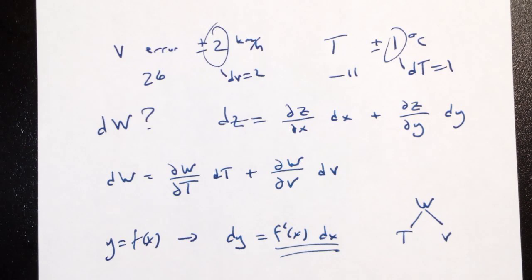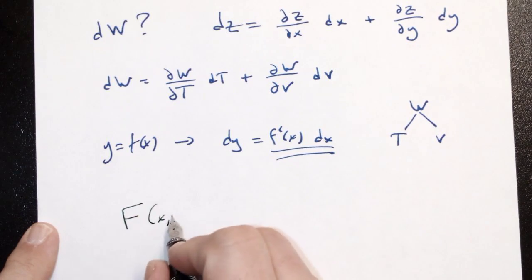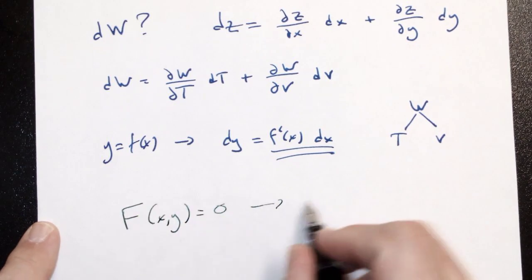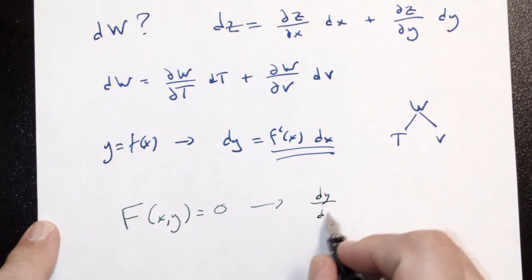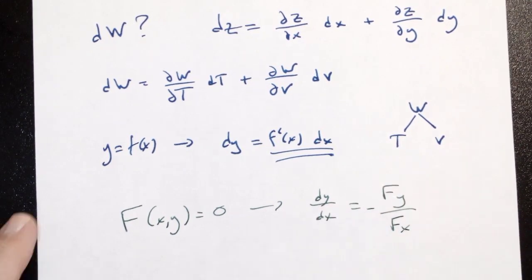So, yes. Whenever you have a function written implicitly like that, partial derivatives are the way to go.